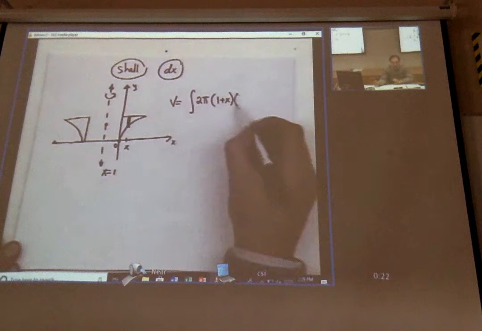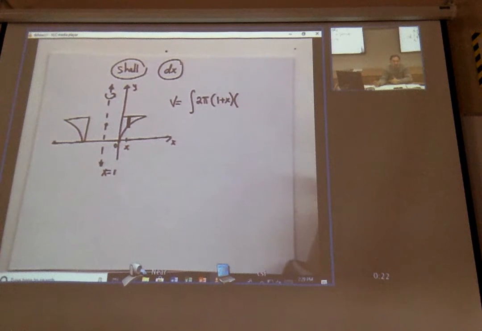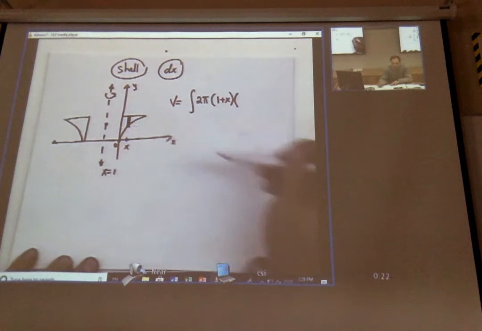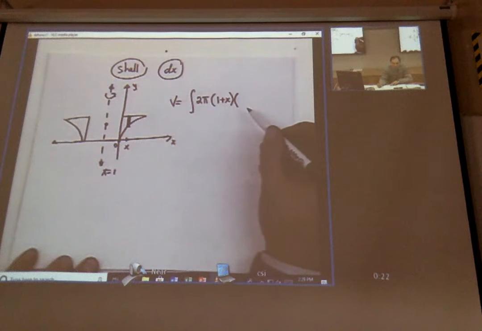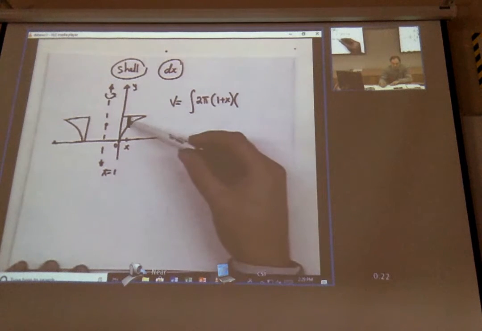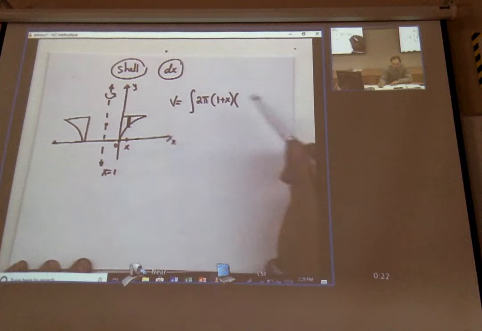And the next question, f of x, right? But f of x is what? It's the height of the rectangle. So can you tell me the height of the rectangle? That's the next important question. So what's the height for the rectangle? 1 minus the 4th root of x. So 1, right? 1 minus the 4th root of x.